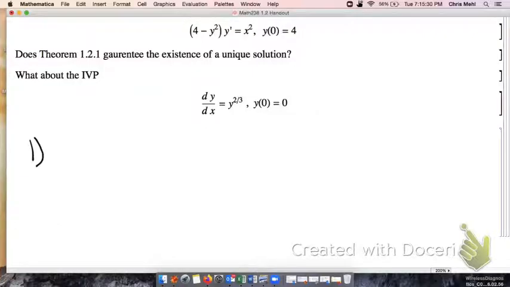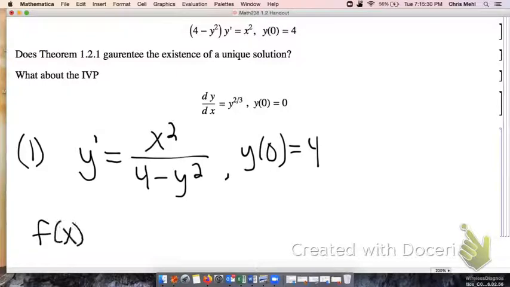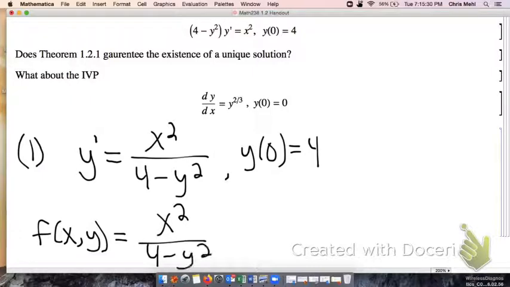So for number 1, I'm going to put that into normal form. You would solve for y prime, and you're going to get x squared over 4 minus y squared. Notice I'm looking at y of 0 equals 4. Now, this function on the right is what the previous theorem referred to as f of x y.